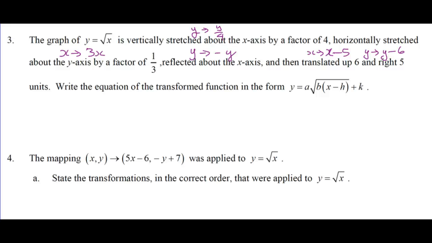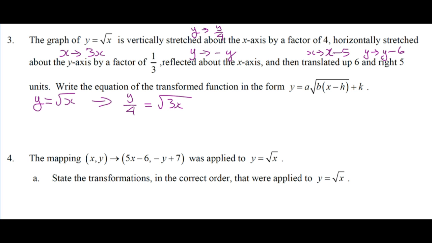Okay, so let's start with y equals root x. That's what we're starting with. So I'm going to replace y with y over 4, and at the same time replace the x with 3x, right? I can do both stretches because they're independent: one operates on y, one operates on x.